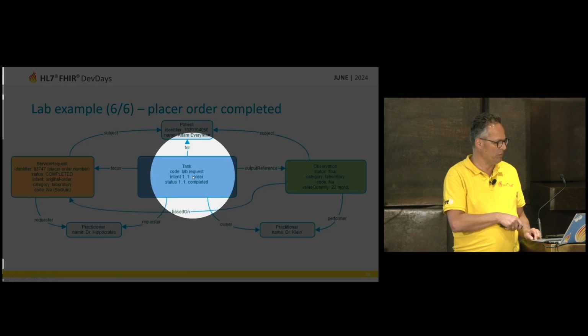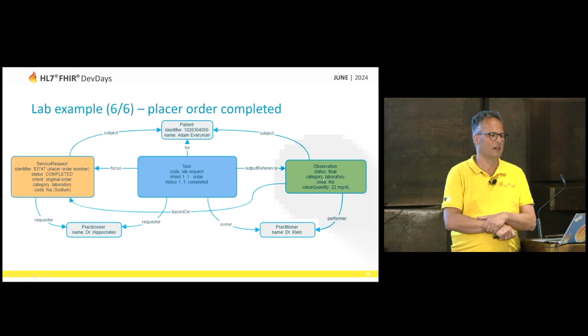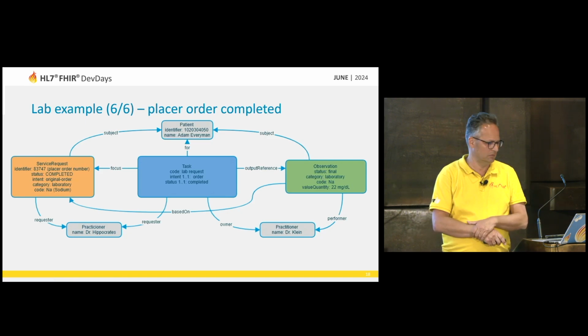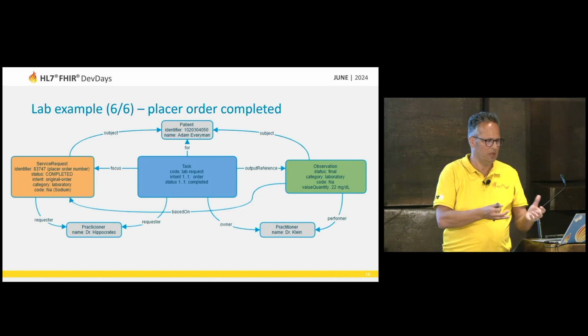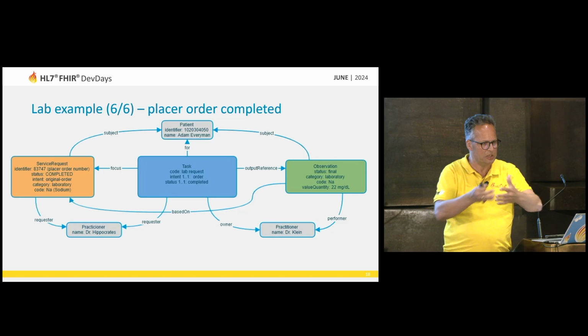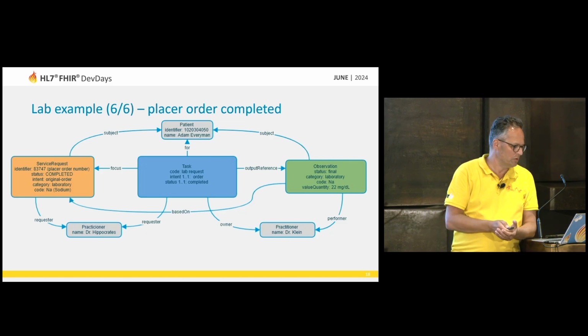So this one was completed, so now this one is also completed, and here we have a final lab result. Workflow done. Okay? So that's a 6-step example of how this jointly managed task resource would be used.